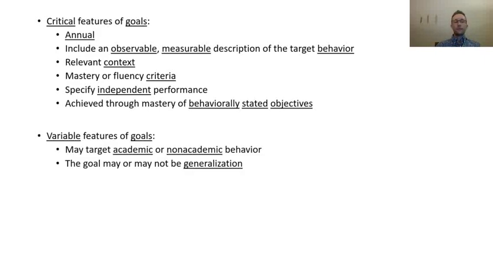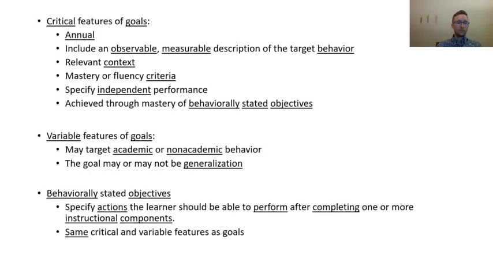Variable features of goals is that they may target academic or non-academic behavior, and the goal may or may not be generalization. Behaviorally stated objectives specify actions the learner should be able to perform after completing one or more instructional components. All right? And they have the same critical and variable features as goals.